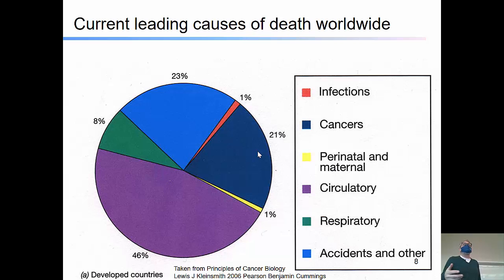In younger populations, or places where there's a lower life expectancy, generally more people are dying of infectious diseases. This is one of the reasons we're interested in studying cancers and circulatory diseases, because they do affect many older people in the population.